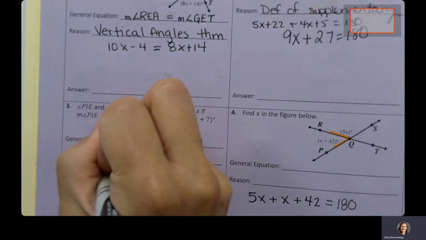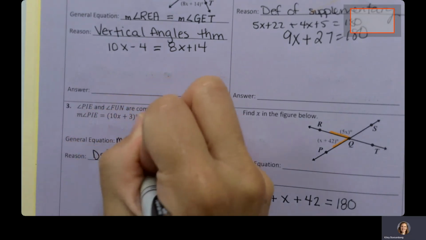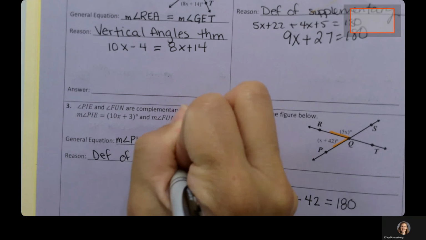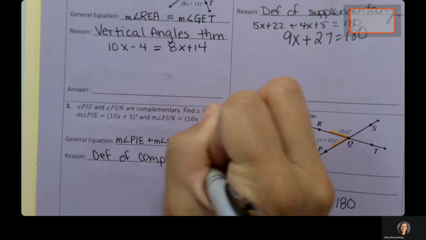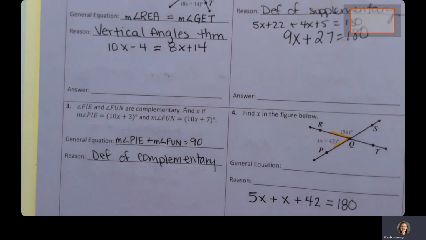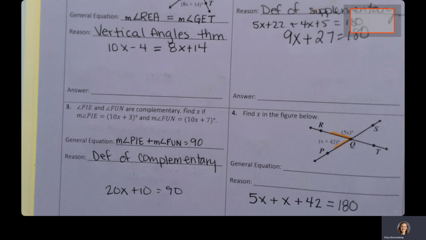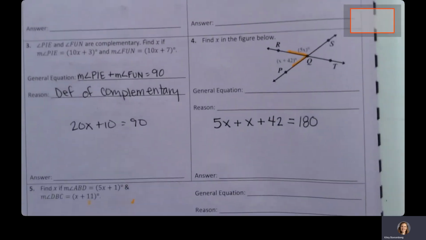It also has a vocabulary word, so it's definition of. And then substitute those in. Again, you can add those 2 together. 20x plus 10 equals 90 if you want. That's fine to go ahead and do that first step before you even write it down.